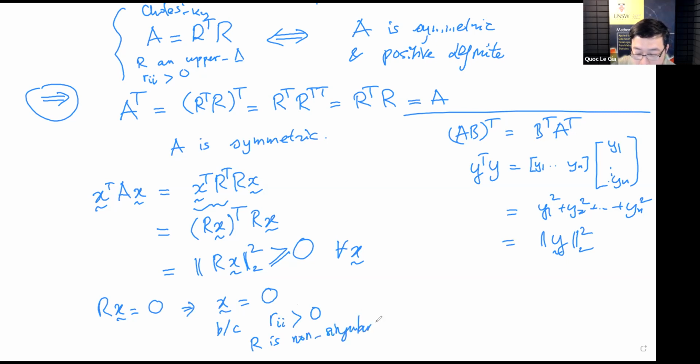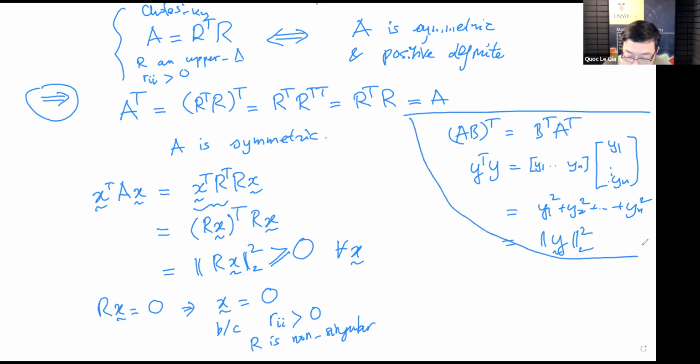When you solve a non-singular linear system Rx equals 0, you just have the zero solution. So essentially we show that Rx equals 0 only when X equals 0.